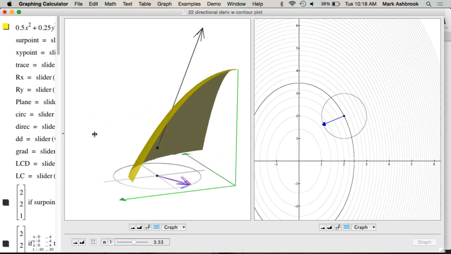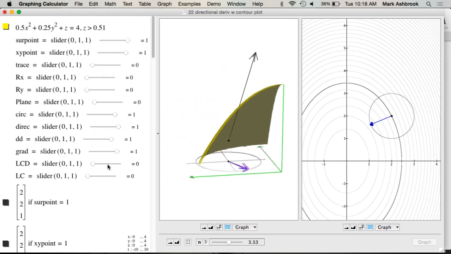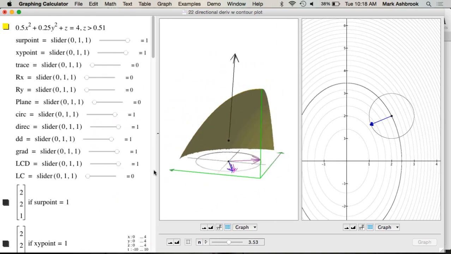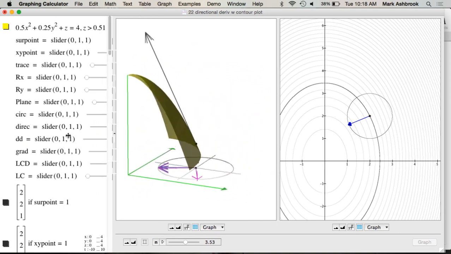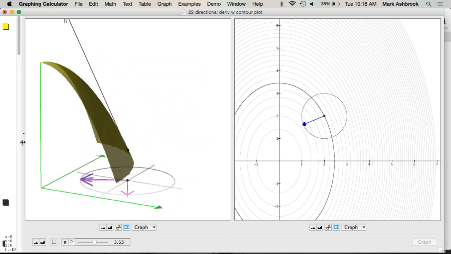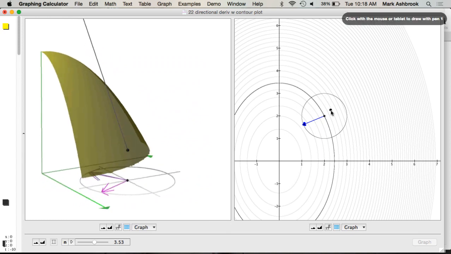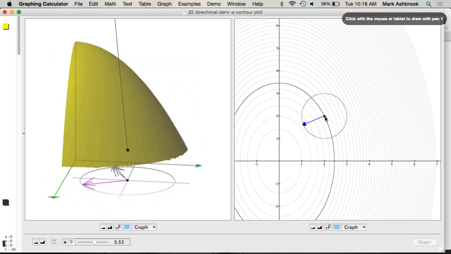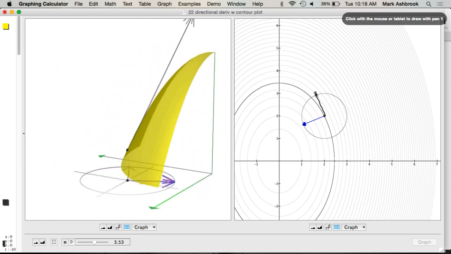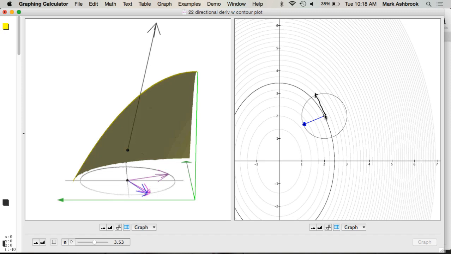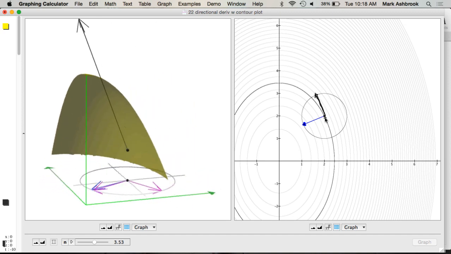Okay, and then I kind of mentioned it there. Orthogonal to that is the direction of 0 rate of change, or alpha equals 90. If alpha is 90, we get the direction of 0 rate of change, and that's only right there at that point.